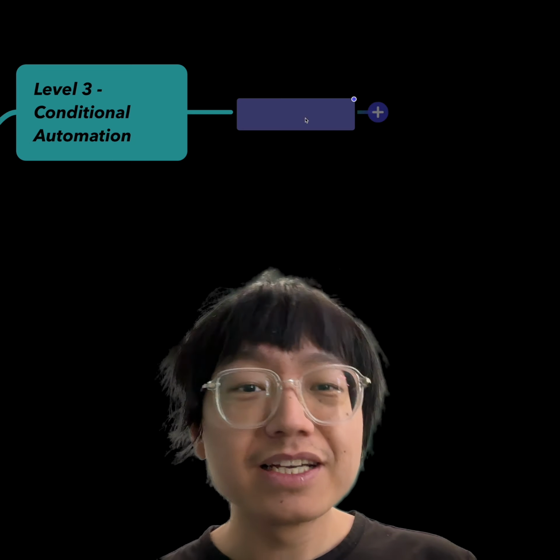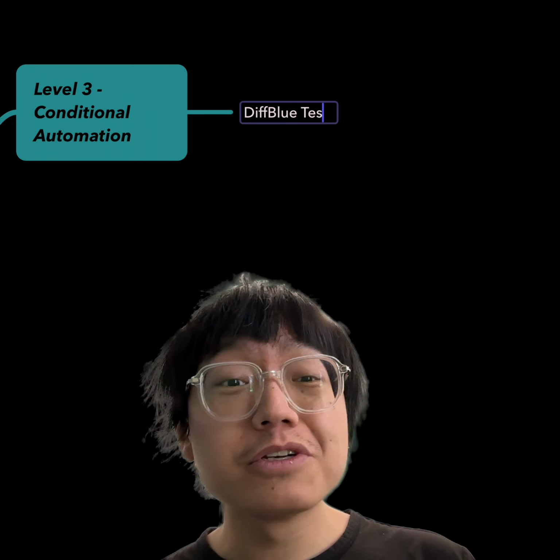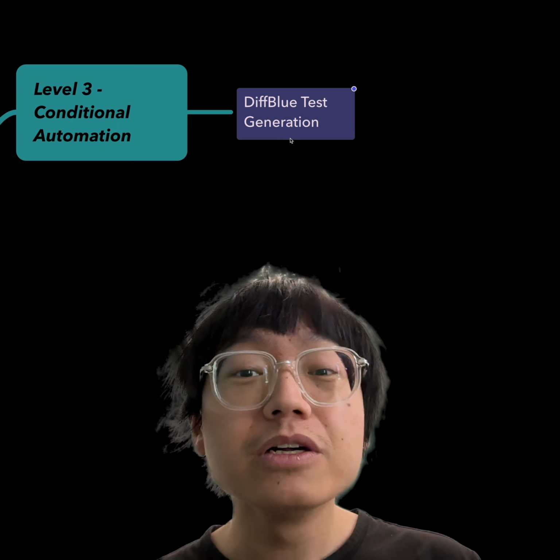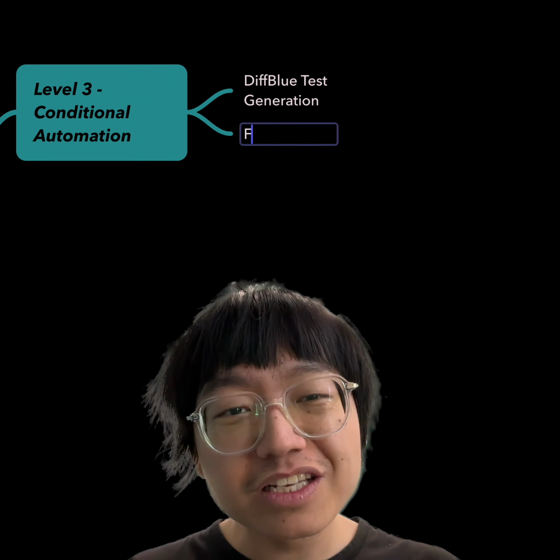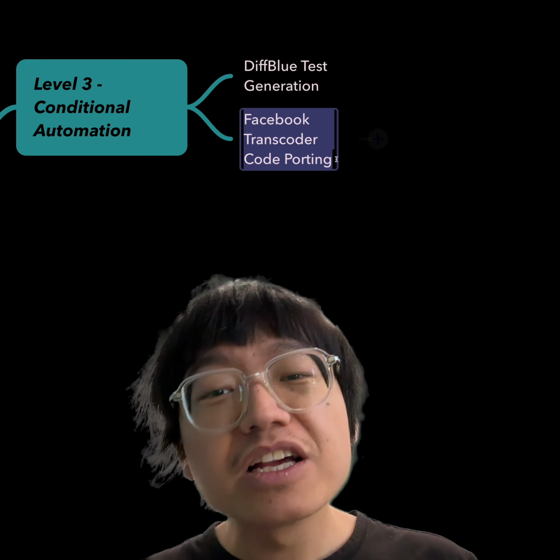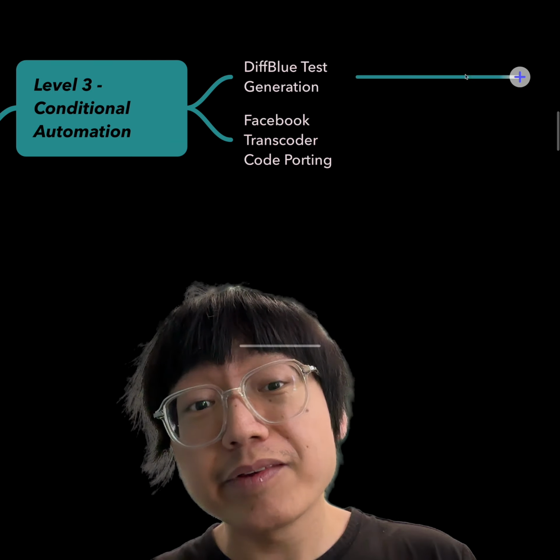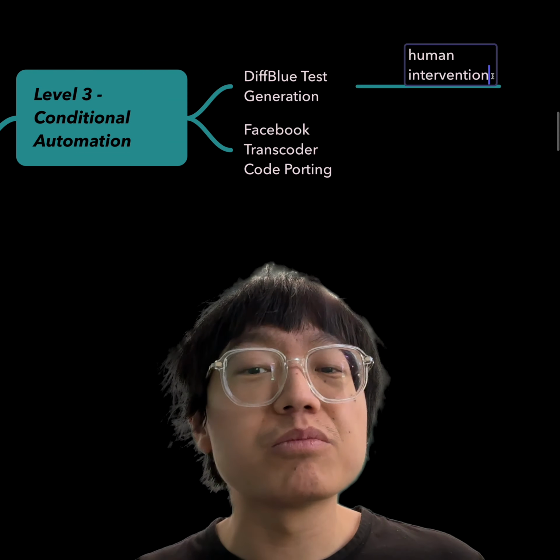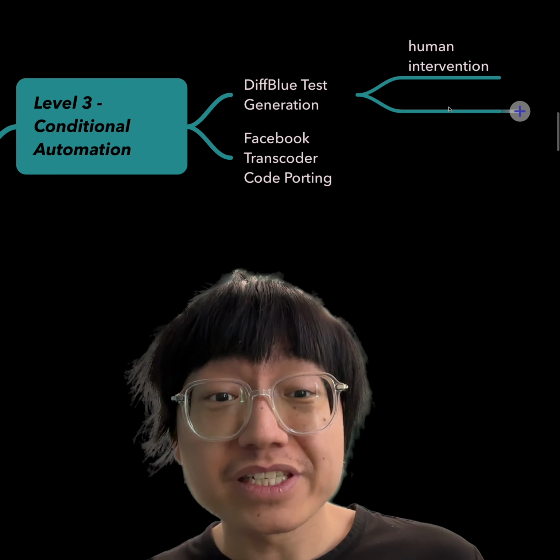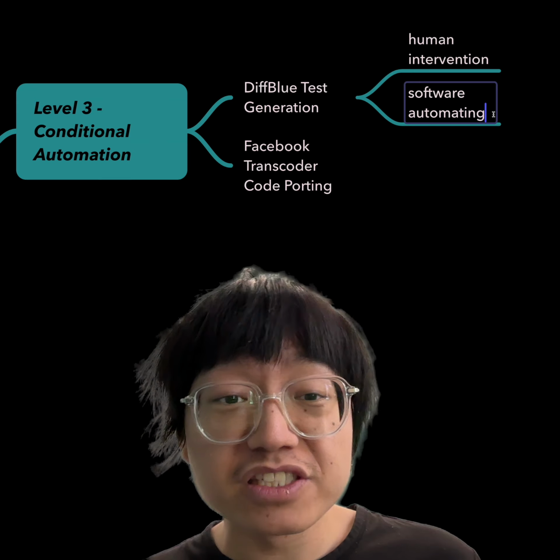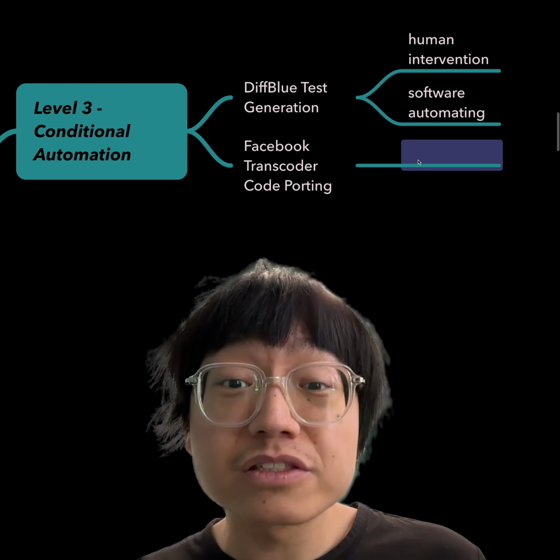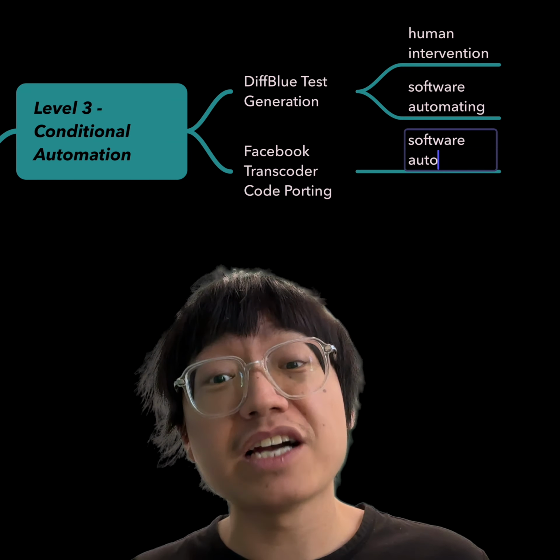Level 3 is conditional automation, like DiffBlue test generation or Transcoder code porting. This level parallels conditional automation in self-driving, where the system can perform certain tasks autonomously under specific conditions, but still requires human intervention in others.